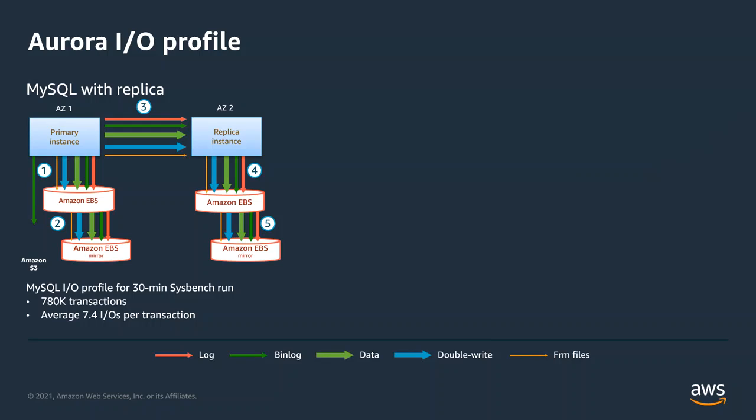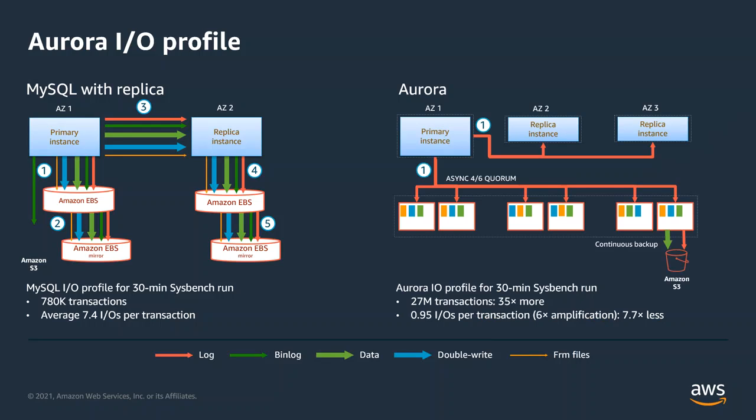So it has to write down to EBS, and that EBS has to mirror. So what we found in a 30-minute sysbench run, it did 780,000 transactions and did an average of 7.4 IOs per transaction. Okay, so that's what we saw with regular MySQL.